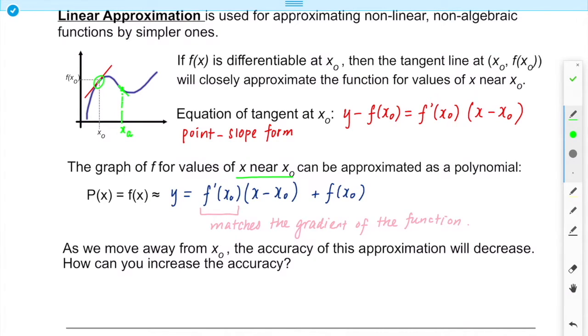That's going to improve how closely my approximated version of the function is going to look like the real thing. And if I use higher derivatives, what about that? So by using the first derivative, we're matching the gradient. Say if I use a second derivative, now we can also use that to match concavity. So let me write this down.